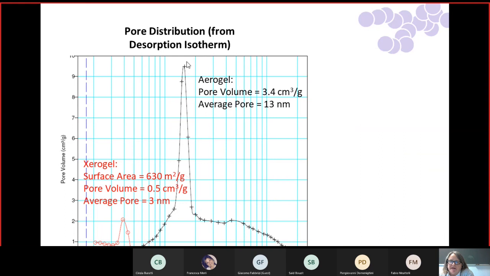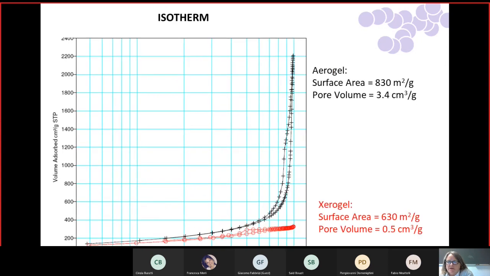And this is a piece of relevant information: this was taken from the desorption isotherm. You can do the analysis on the adsorption or the desorption. We find for the aerogels, the adsorption does not show any peak. It doesn't work very well, so we always use desorption, but it's something you have to report when you're doing that.